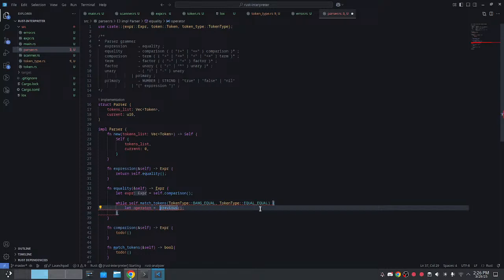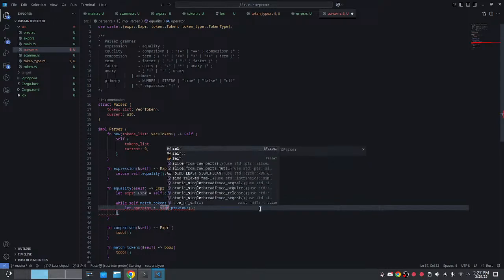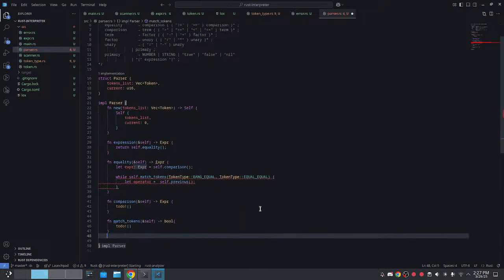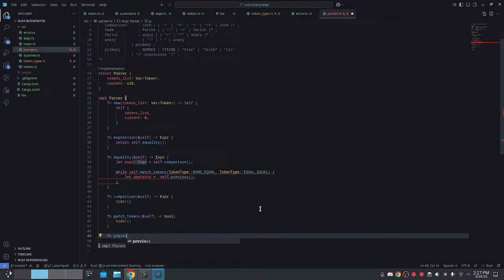This would be self dot previous, and I would need to make another function here. This would return a token, I guess.